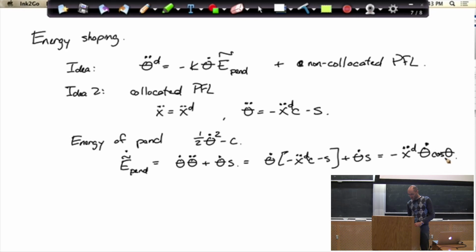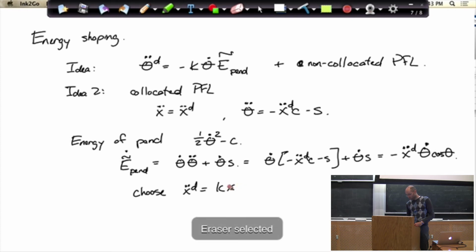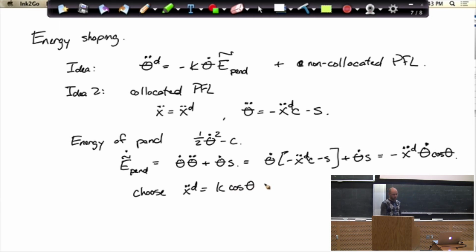Which means, by virtue of that, if I choose my controller, if I choose x double dot desired to be, now I've already got the negative over here, so I'm going to put in cos theta on top of what I had before.